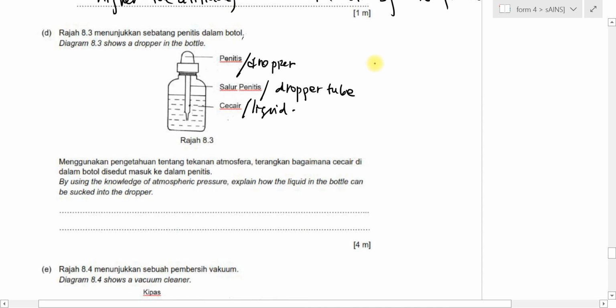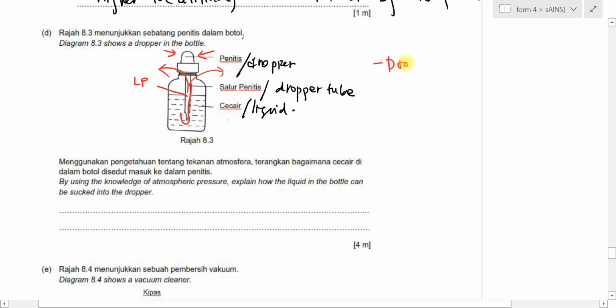First you press here, and then the air inside the dropper and the dropper tube will be sucked out, creating a low pressure area here. So the higher atmospheric pressure will push the liquid up, and the liquid goes inside the dropper tube, and then you can take it out and use it. That will be it, more or less.